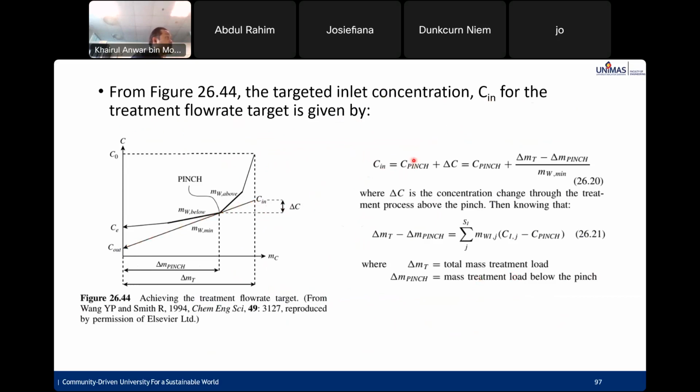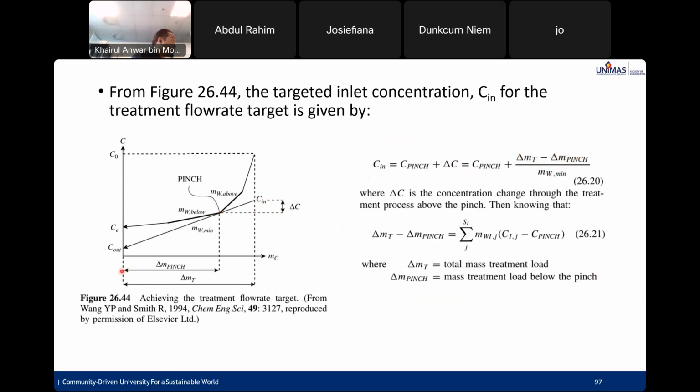C in equal to C pinch plus delta C. Delta C is C pinch concentration minus C in, where C in is equal to C pinch plus delta MT minus delta M pinch, in here referred to flow rate, over minimum water flow rate.